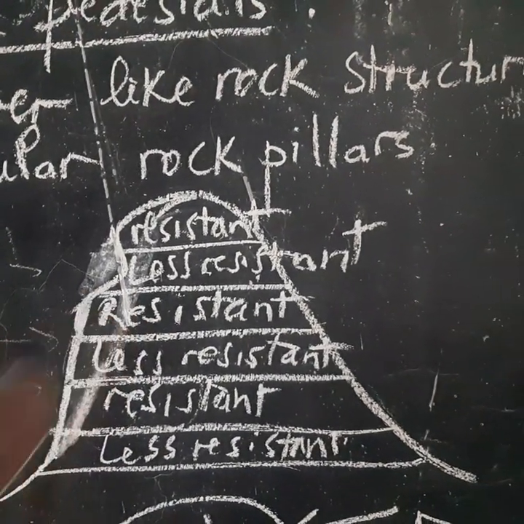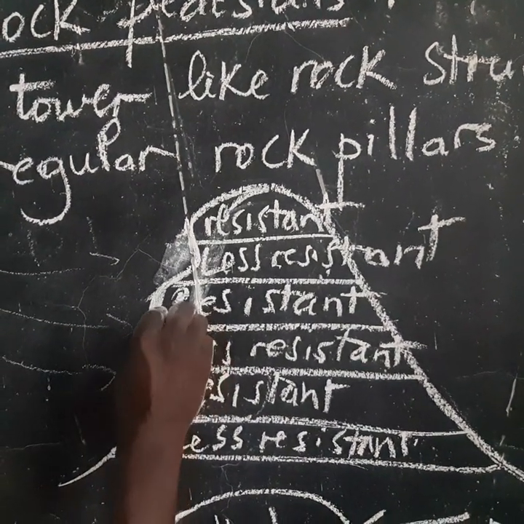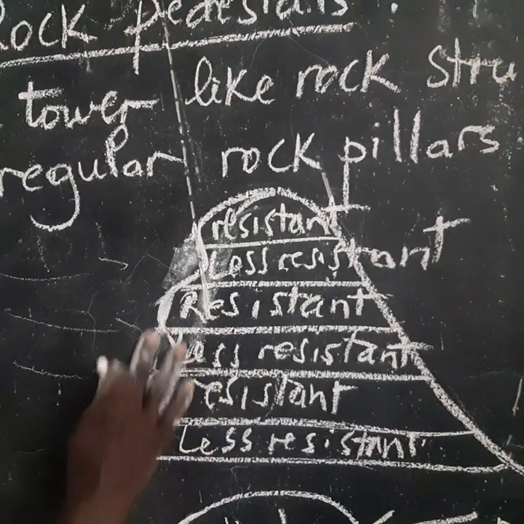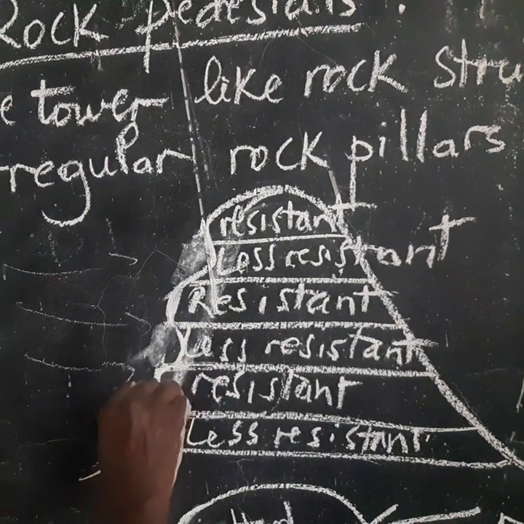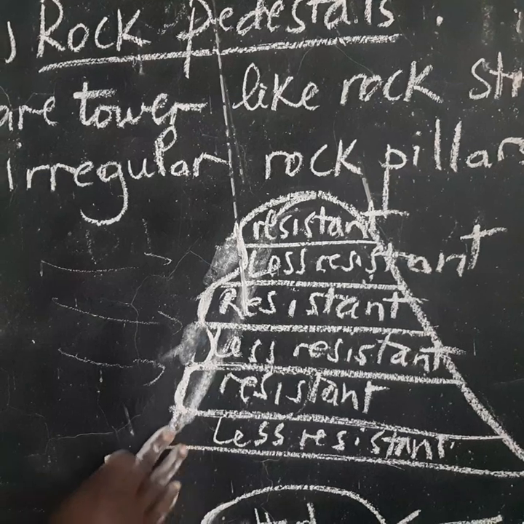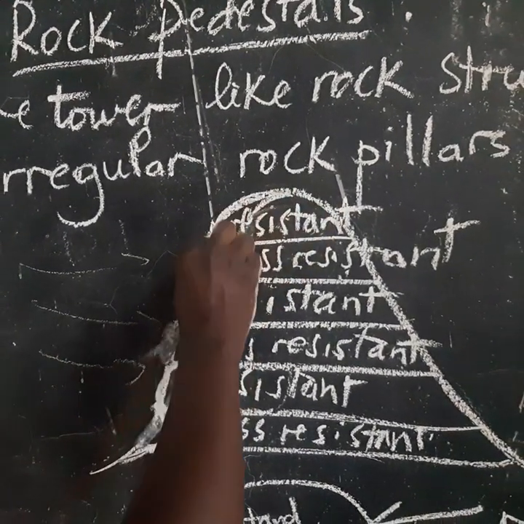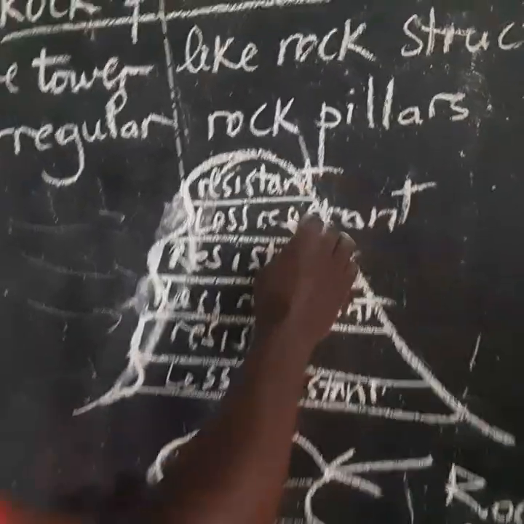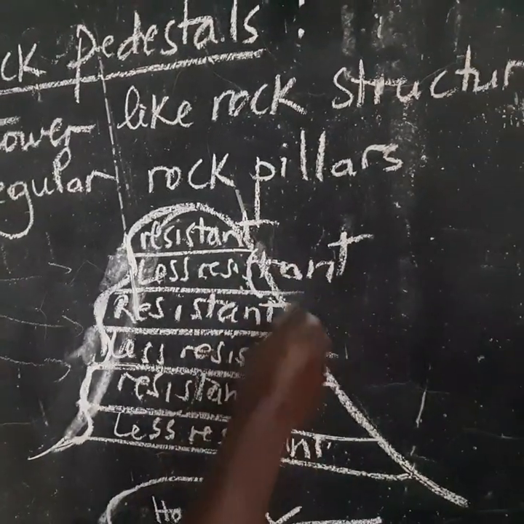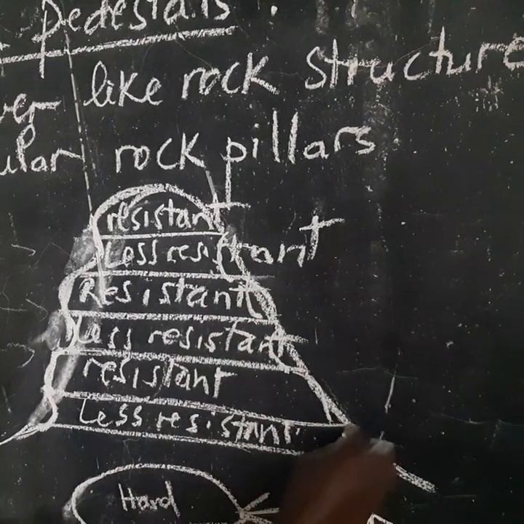The resistant rock will never be broken by the wind, but the less resistant rock will be broken by the wind and removed. The next resistant layer will not be removed, and the less resistant layer will be removed. And therefore we shall have a shape which looks like this. This side will also be the same: removed, not removed, removed, not removed, removed.